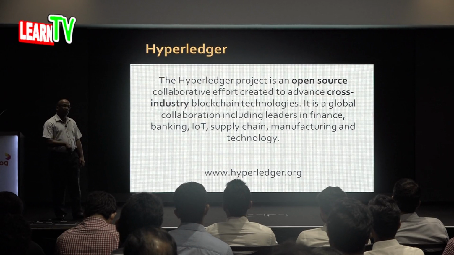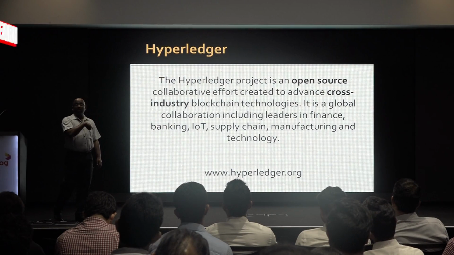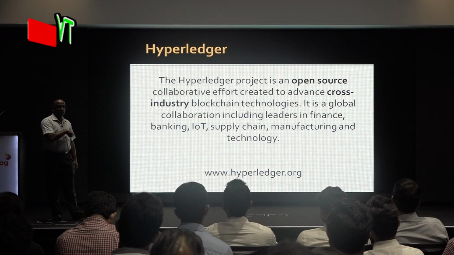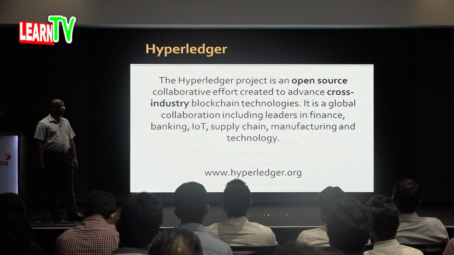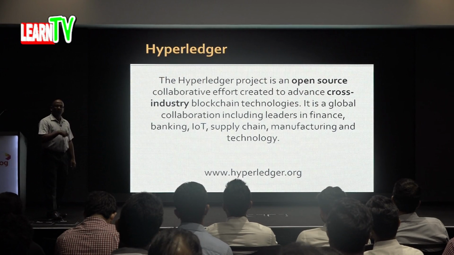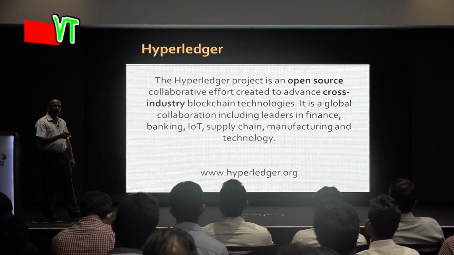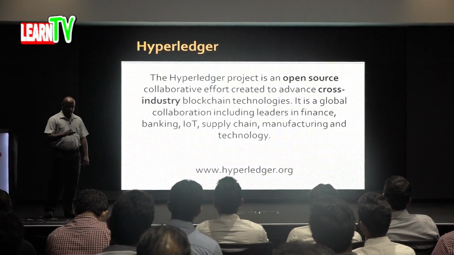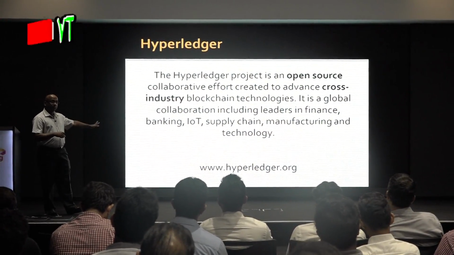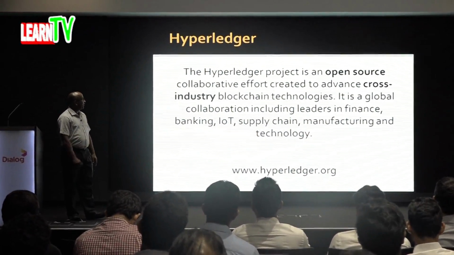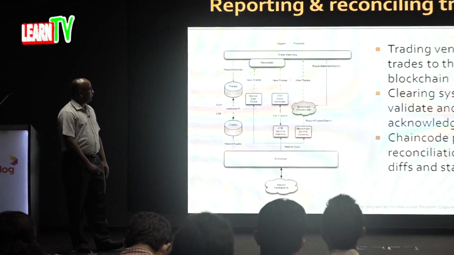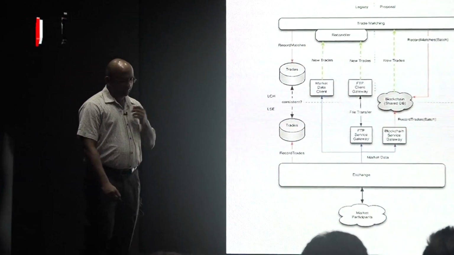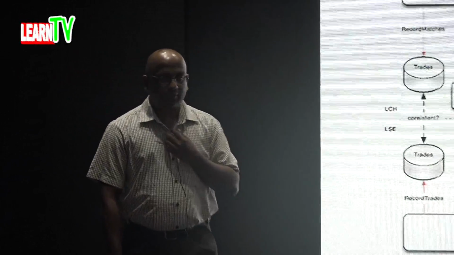We have our advanced platform engineering team actually contributing code into the blockchain fabric. We also have one of our engineers as part of Hyperledger's technical steering committee. So we are sort of invested in this.